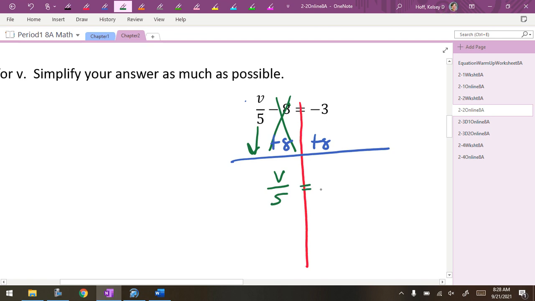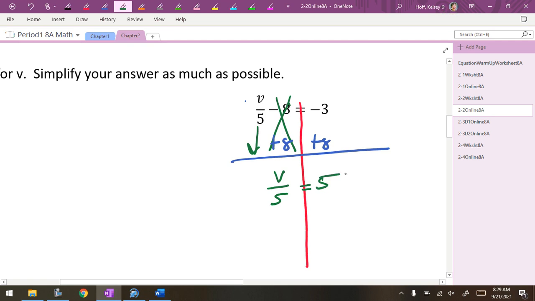Now be careful with this. Double check on your calculator. Take negative 3 plus 8. Nobody shout yet. Bryce, what'd you get? Positive 5 is correct.